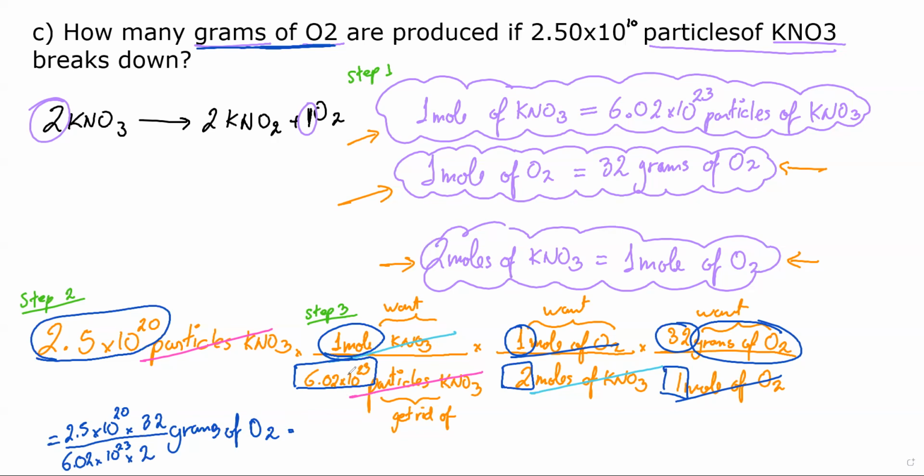Okay, so let me do this in a calculator. Give me just 1 second. 2.5 times 10 to the 20 times 32.